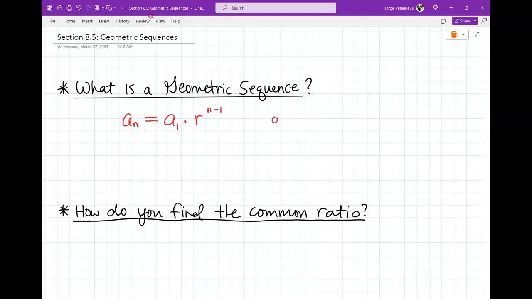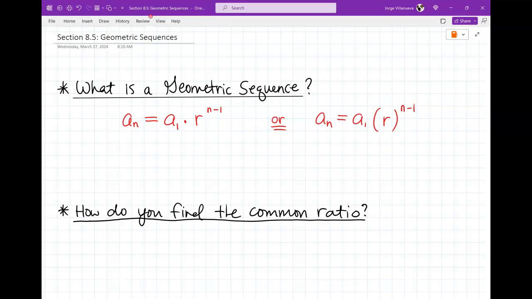Sometimes people will write it this way: a sub n equals a sub 1 times r to the n minus 1, but instead of the little dot, they'll use parentheses. A lot of times the parentheses are used when r is a negative number. I tend to use them all the time. I just think it looks nicer and more organized to put the parentheses around it.